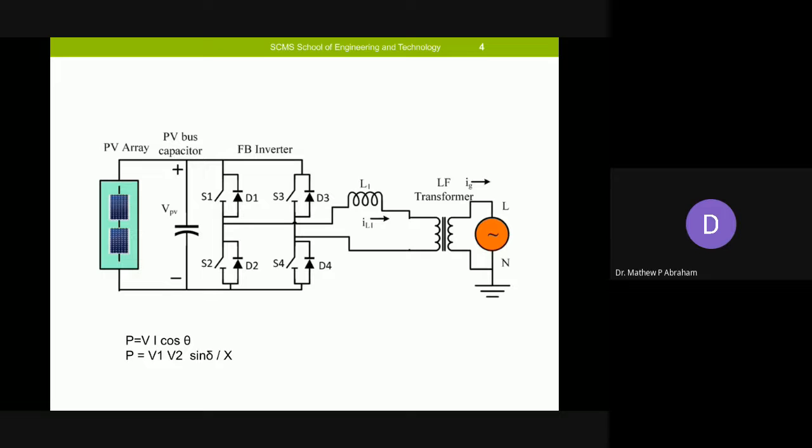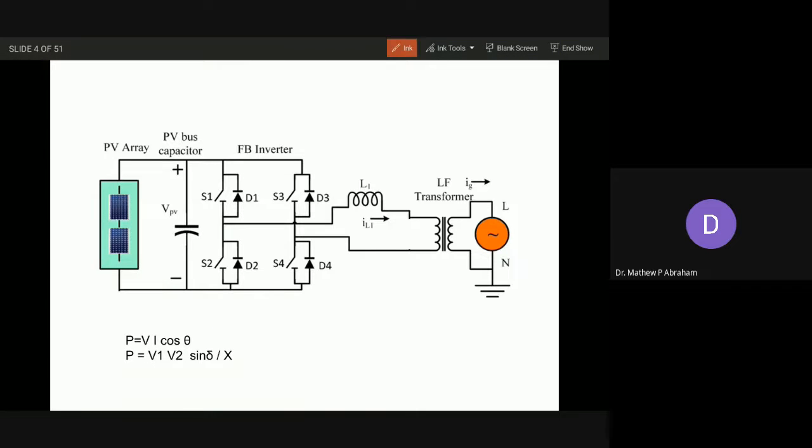So here the power injected into the grid is decided by two equations. The first equation is P equal to VI into cos theta.